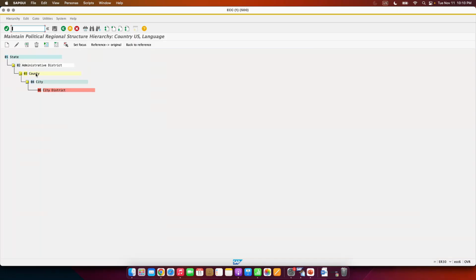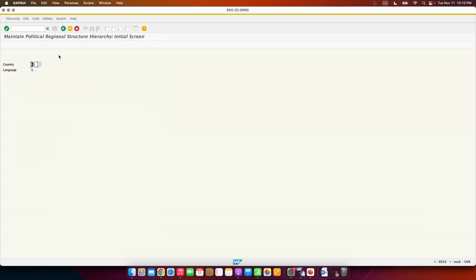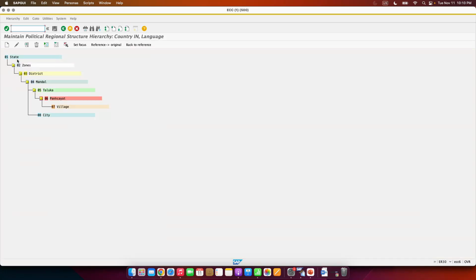Districts will have mandals. Mandals will have talukas. Talukas will have villages. Right? That's the structure in India. So here: state, zones, districts, mandal, taluka, panchayat or village, and cities and municipalities. Clear? Are we good with this?